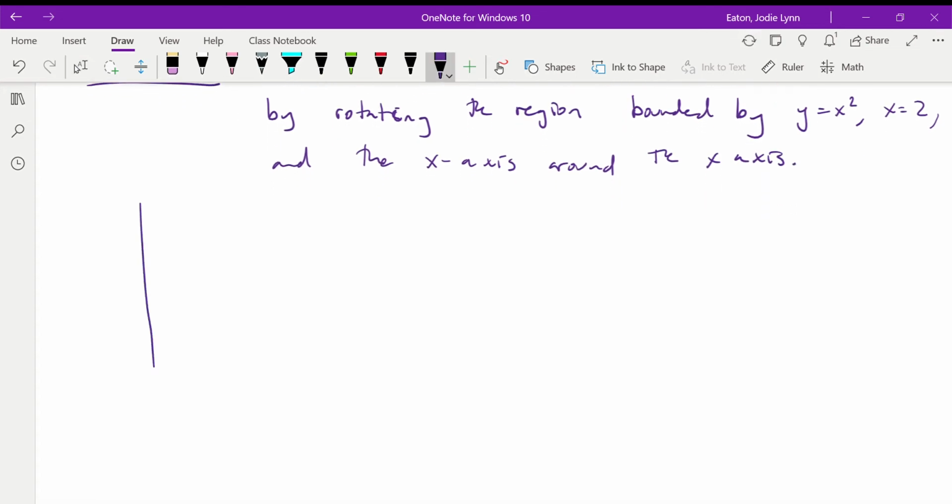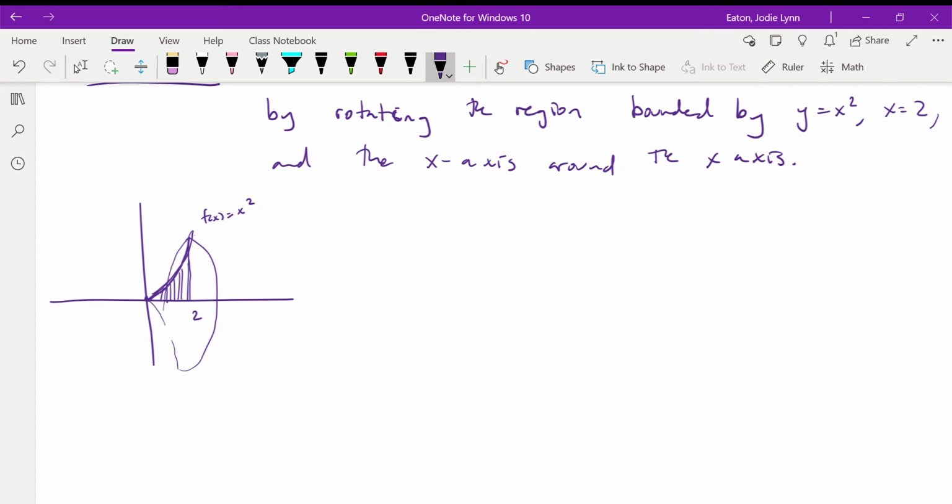So what does that mean? We are going to take a little region of our plane. This is x equals 2. We are looking at the region between y equals, here's our f of x equals x squared. And we are going to create a solid by taking this plane region right here, that solid area, and we are going to rotate it around the x-axis.